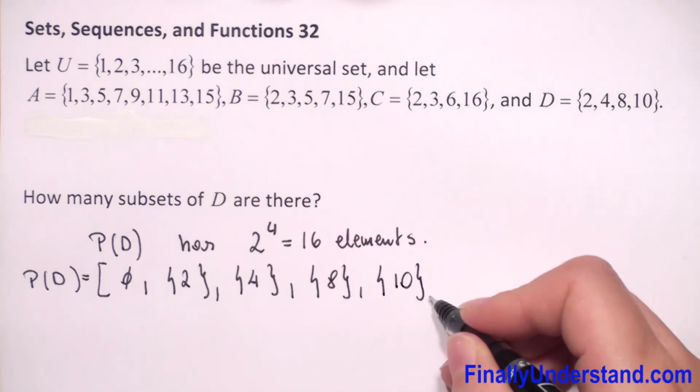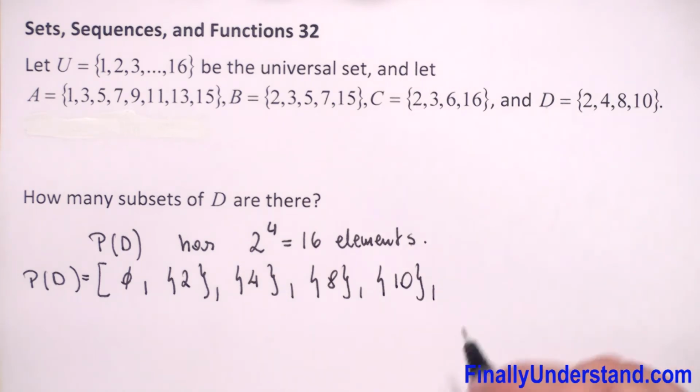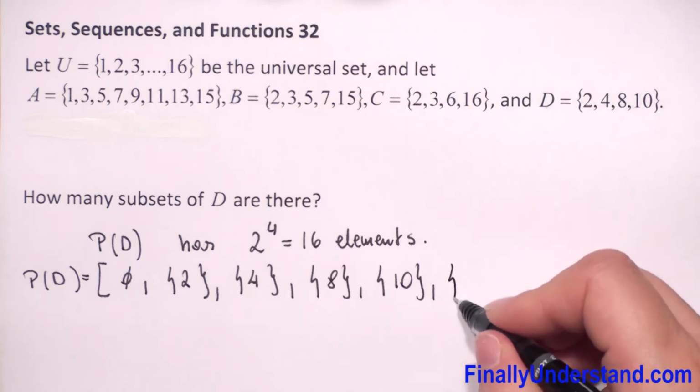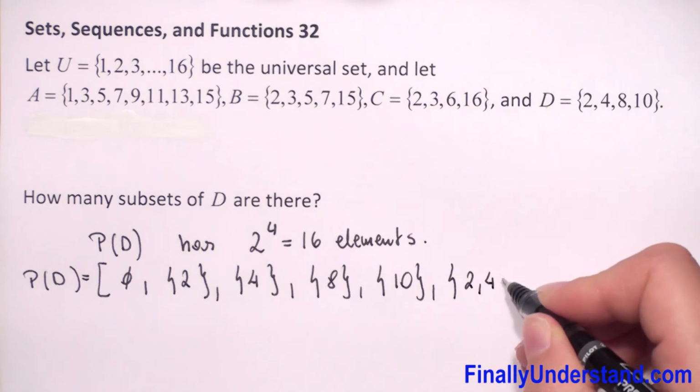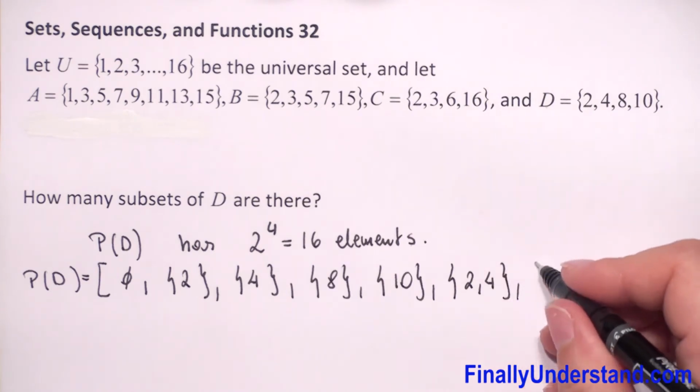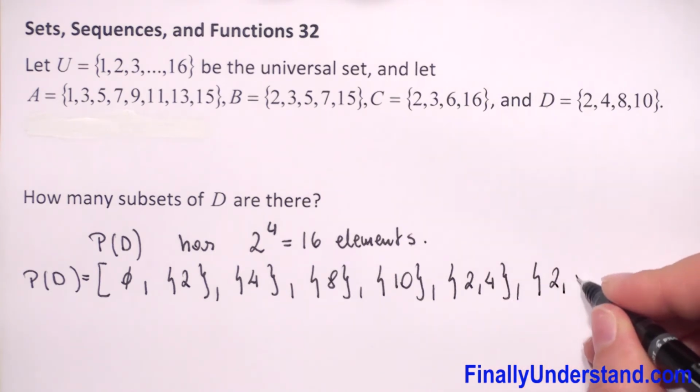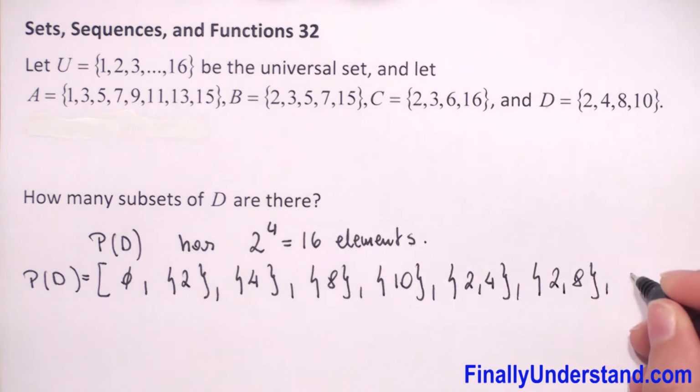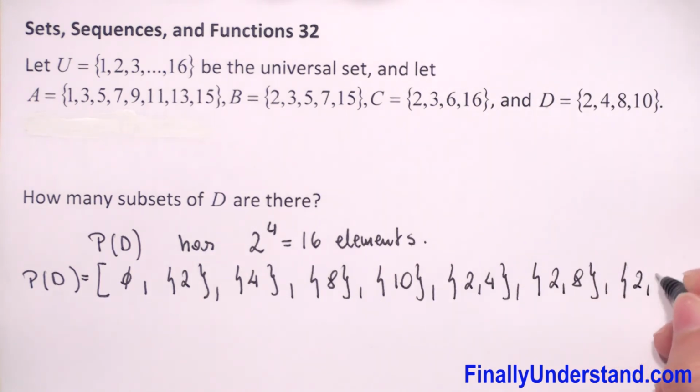10, and next we can have combinations like 2 with 4, 2 with 8, 2 with 10, and we do not repeat, like 10 and 2, it's the same, or 8 and 2 is the same.